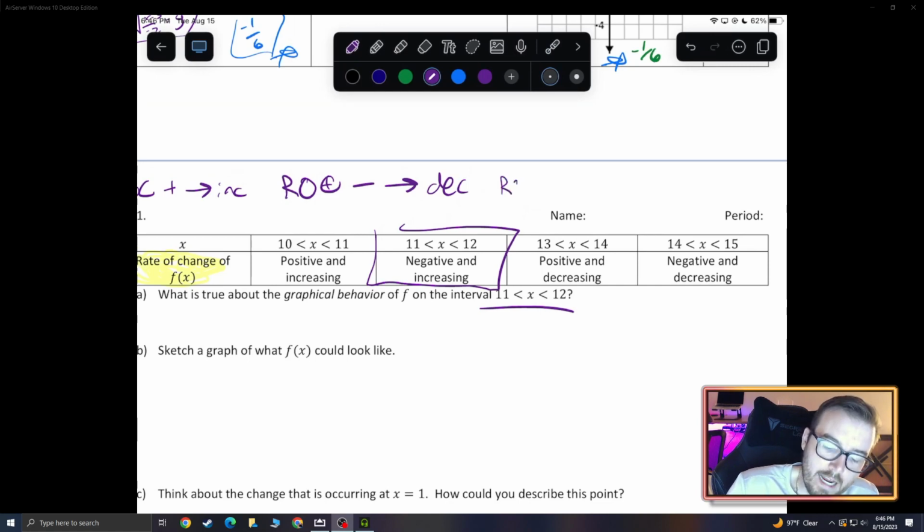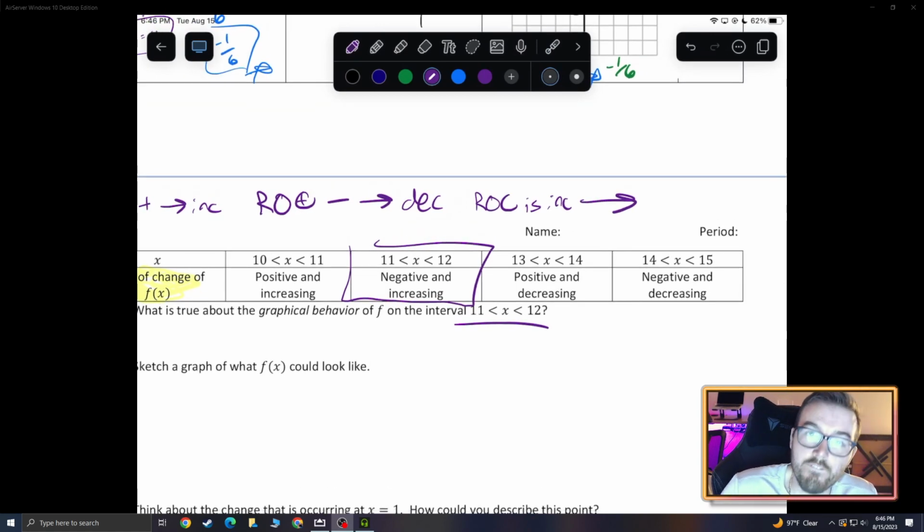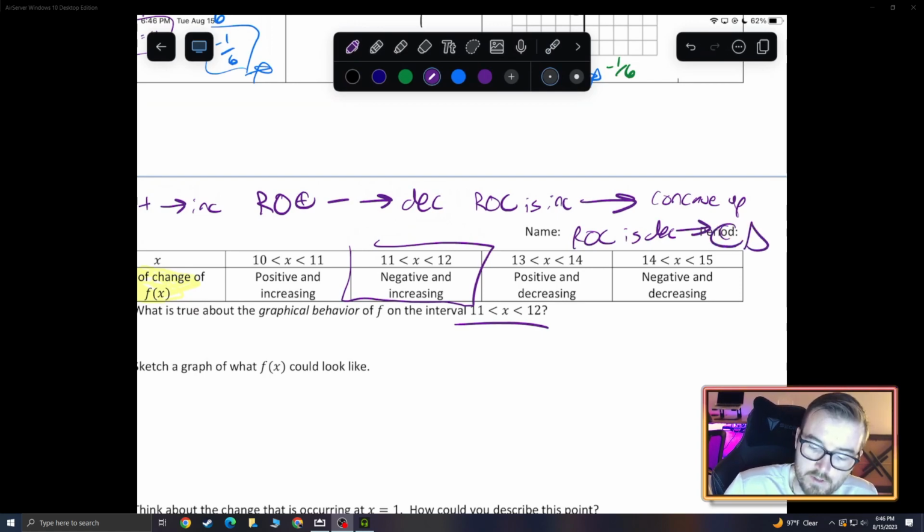If the rate of change is increasing, then we can conclude that the function is concave up. If the rate of change is decreasing, then we can say about the function that it's concave down. And that goes back to the previous lesson.